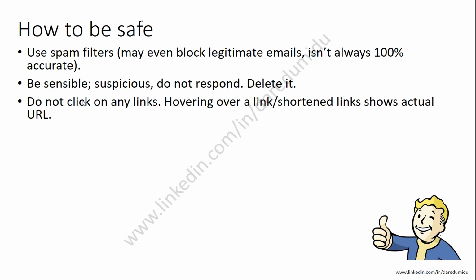These emails could include links to various websites, and some of these links could be shortened links, right? Since we can't see the actual link, we can hover our mouse pointer above these links, and we can see what the actual URL is.